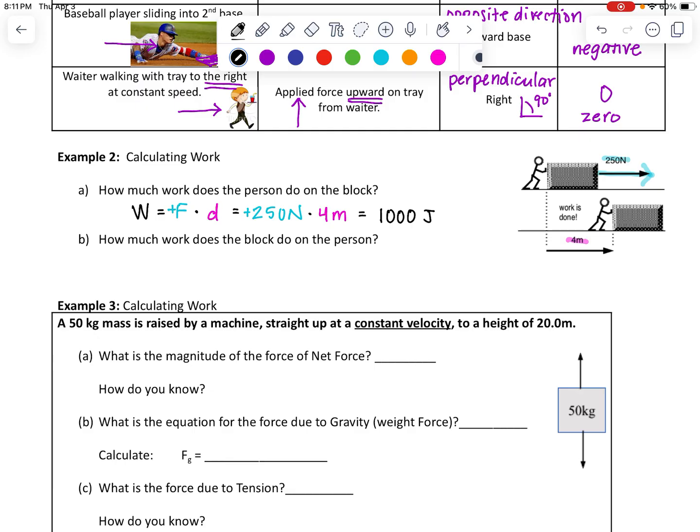How much work does the block do on the person? Remember, this is putting into play Newton's third law, which says equal and opposite force when objects are interacting. So if our work up here is a positive 1,000 joules, we know that the block is going to do a negative 1,000 joules on the person because it's in the opposite direction.